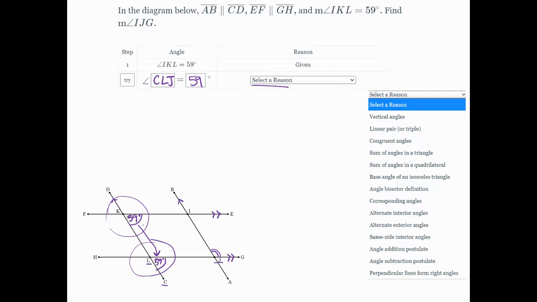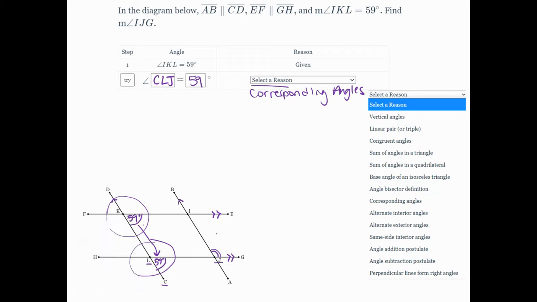Over here, I gave you some examples of the reasons that they'll give you. In this case, my reason was corresponding angles. Then you would press try, and it's going to tell you if that works or doesn't work. That one works, so we're going to continue on.